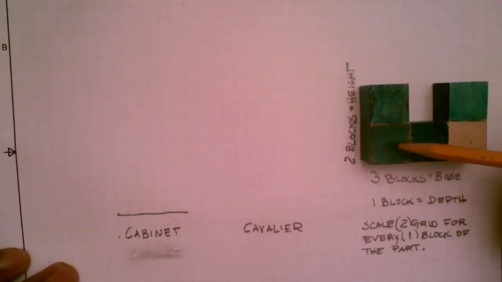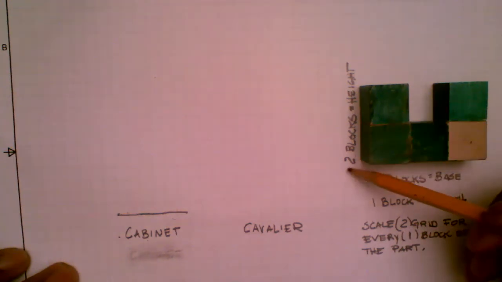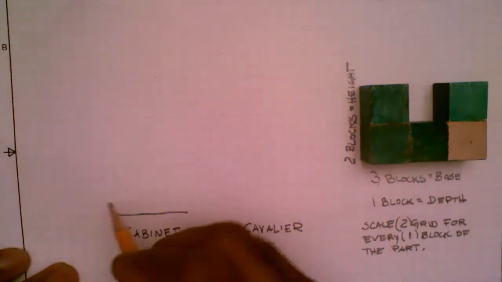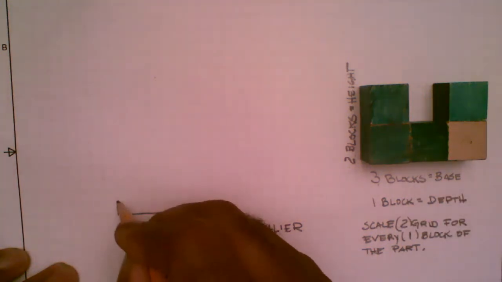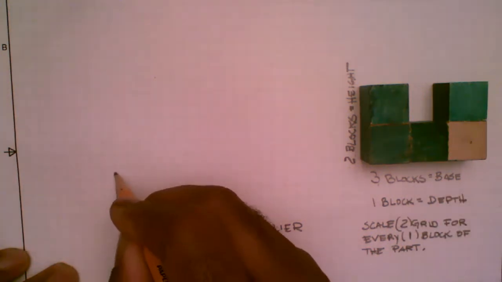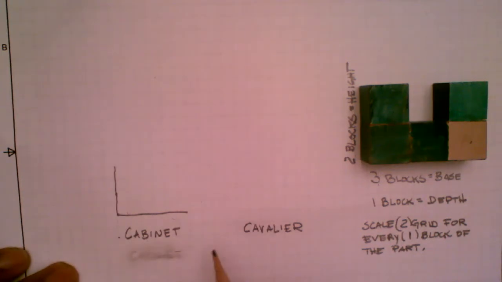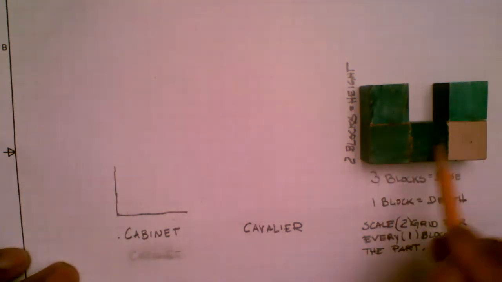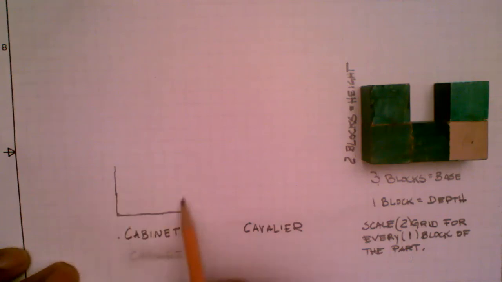My height is made up of 2 blocks. So I take 2, multiply by 2, and I get 4. 1, 2, 3, 4. What I'm doing is recreating this face of the part on the grid paper.